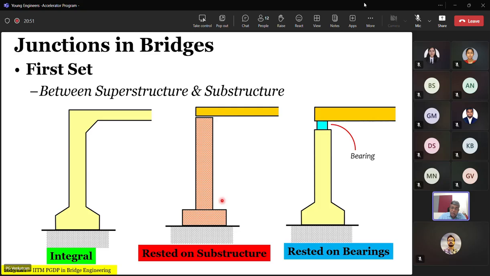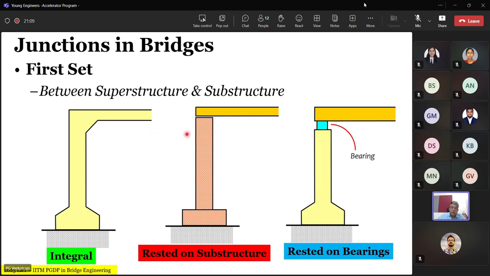The rested-on-substructure arrangement is something we see less and less and is generally reserved for very small spans. When I say small span, in the past it used to be done for anything up to 20 meters, but today we rarely use it.